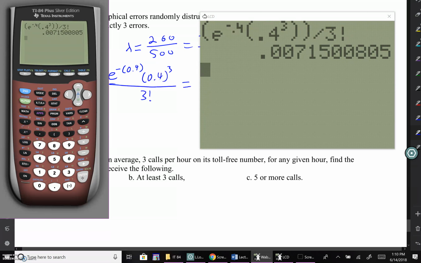Does anyone agree with me? Yes. Oh, you got scientific notation. So it'll just tell you to move the decimal, and the negative number tells you how many decimals to the left to move it. Under math. Math and probability.